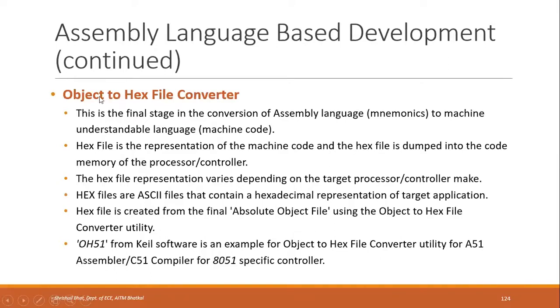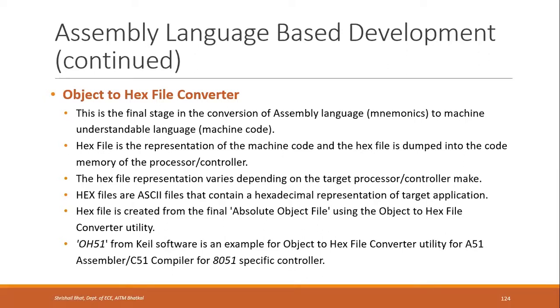Then converting from the object file to the hex file is the final stage in the conversion of assembly language to machine understandable language, that is machine code. A hex file is the representation of machine code in hex format. This file is dumped into the code memory. Dumped means it is saved into the code memory. The hex file representation, again, varies depending on the target processor or controller. Hex files are ASCII files that contain a hexadecimal representation of the target application.